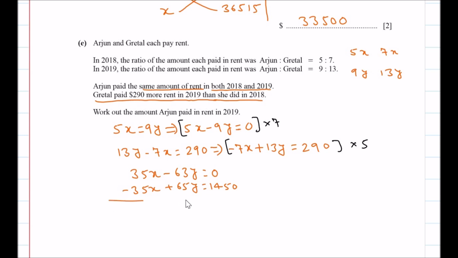Now we need to add these equations in order to eliminate x, because one is positive 35x, the other is negative 35x. So we need to add both the equations. This cancelled out. Now what is left? 65 minus 63, 2y is equal to 1450.